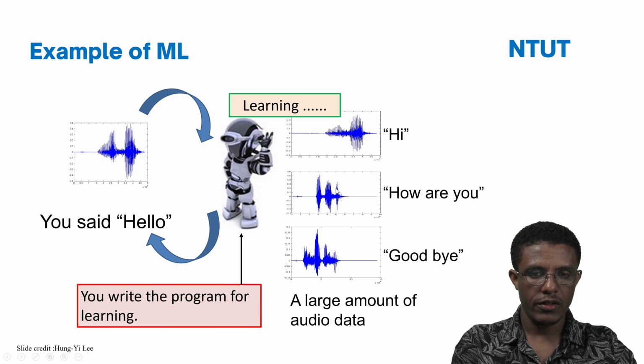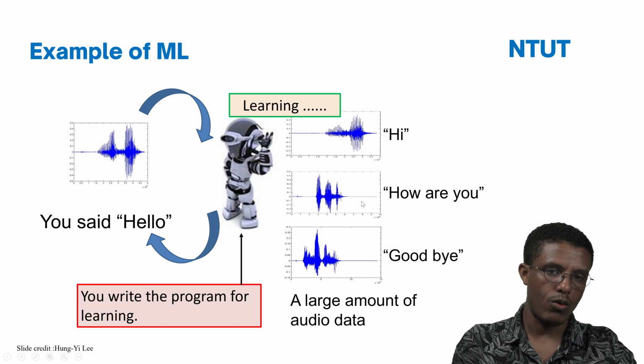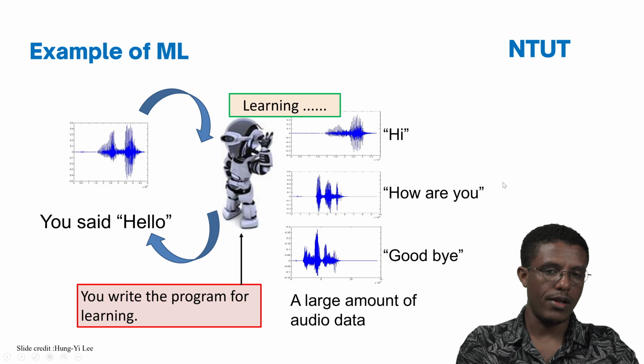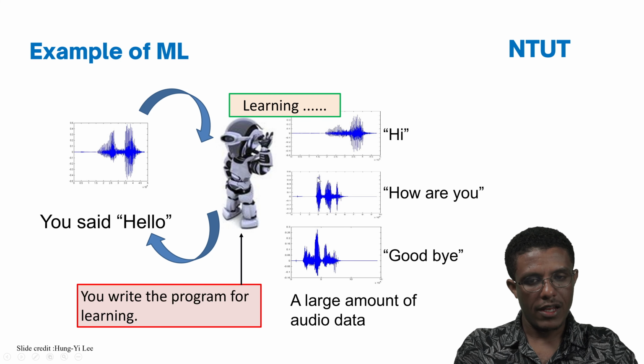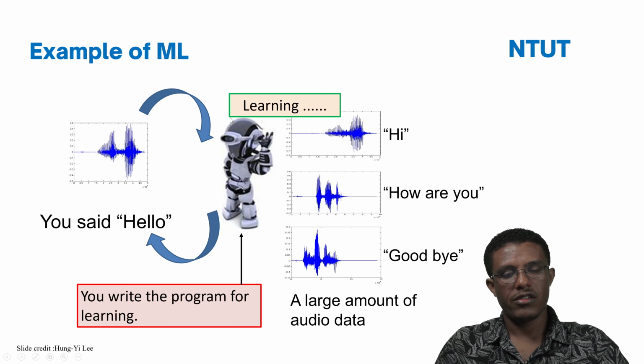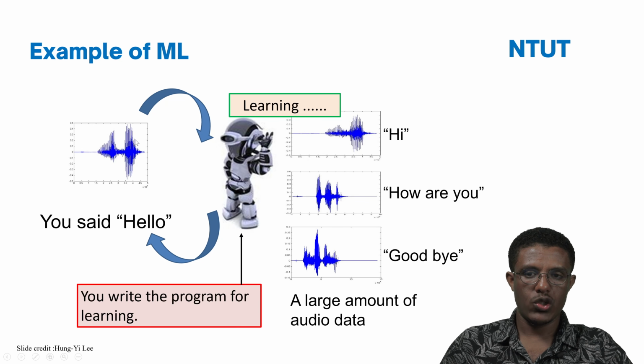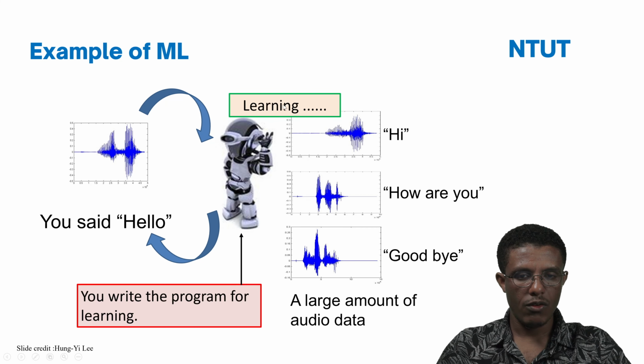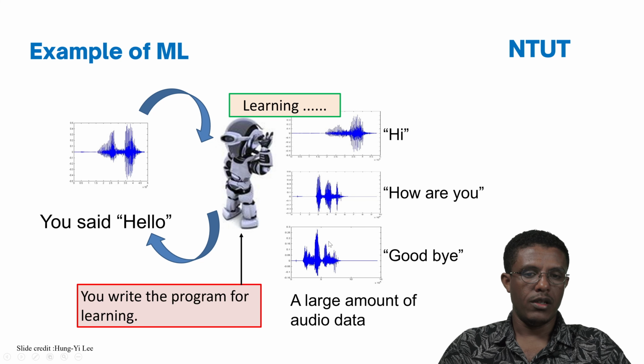So there is a voice here, and also a labeling. That means X and Y. X represents the input features, and Y is the labeling. After training, for example, if we want to test this model, we input these voices into the machine, and finally it says that you said hello, because we already trained on the different types of voices and their labels.